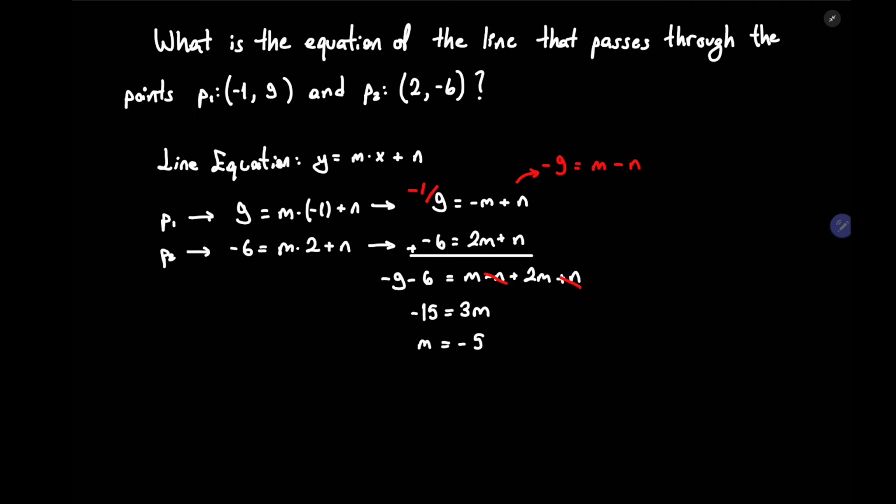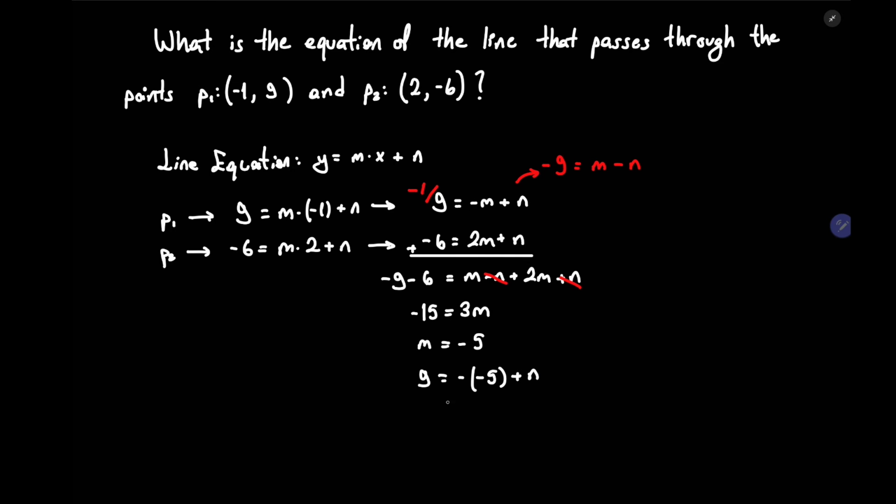I found the m value, so now let's find the value of n. I can use one of these equations to find the value of n. Let's use the equation above, the first equation, I mean. 9 = -(-5) + n.